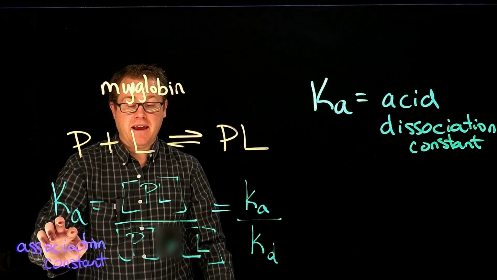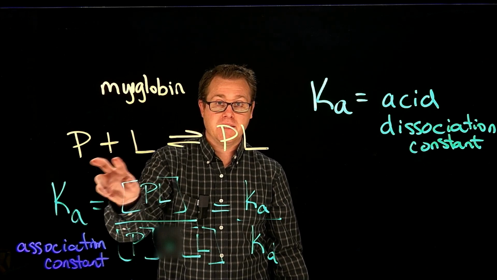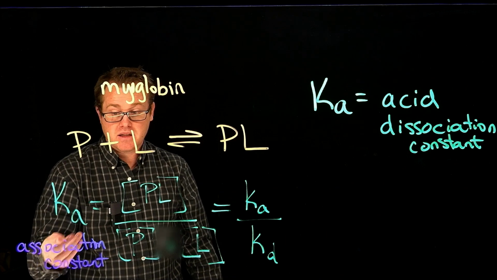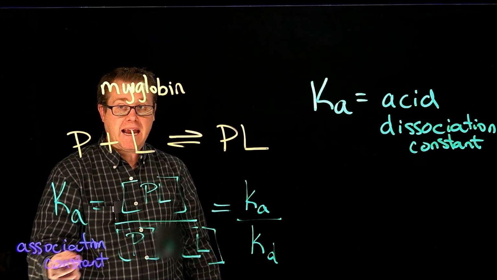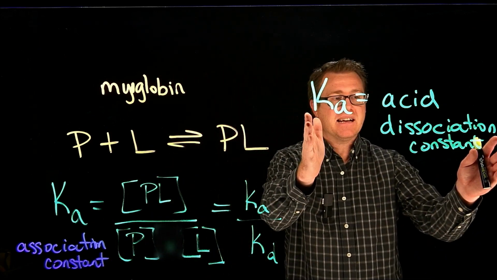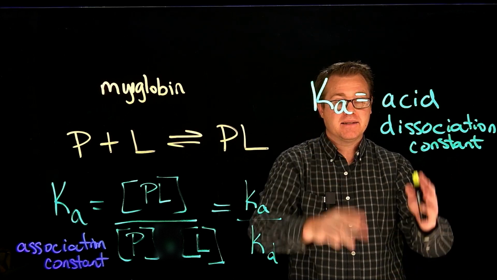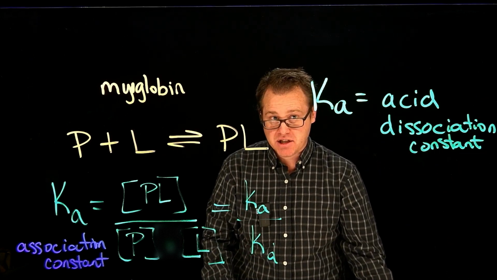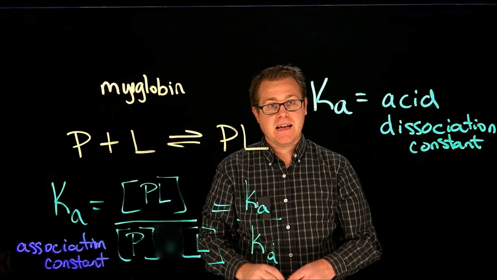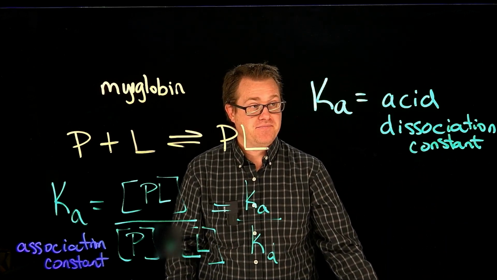This Ka in relationship to the equilibrium process of proteins and ligands is the association constant. But when we talk about acids and bases, the Ka is the acid dissociation constant, which tells us how easily the proton gets ripped off of the molecule.